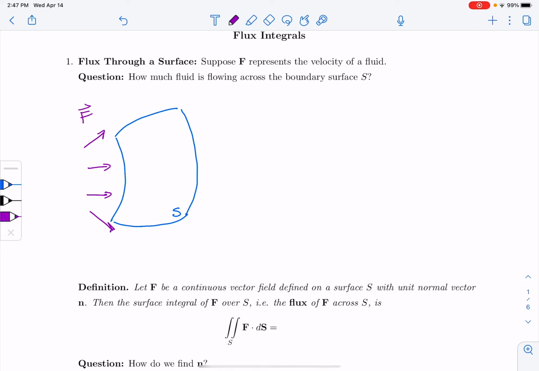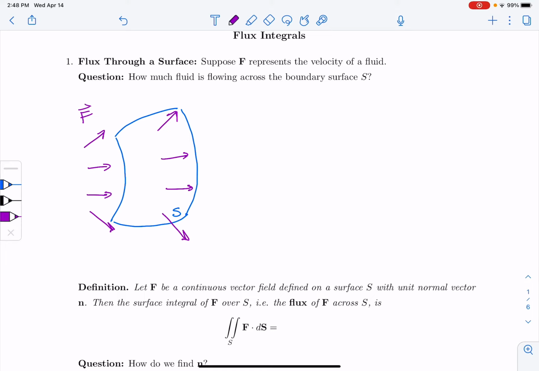And I'm thinking about S as being kind of like an open surface so that water can pass through it. And what I'd like to do is understand, based on this velocity field, how much fluid is flowing across the surface.